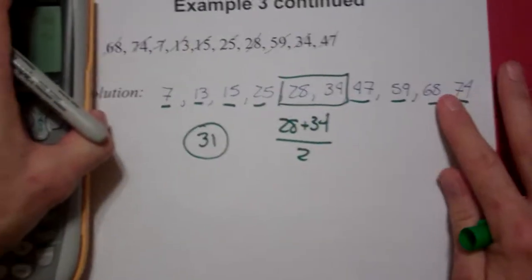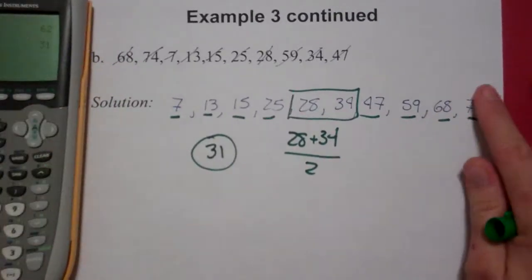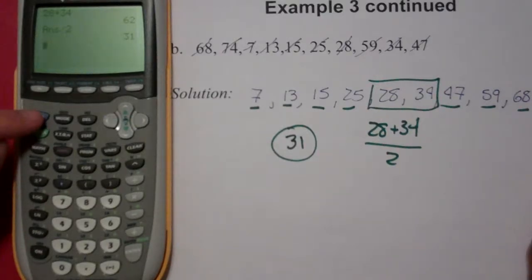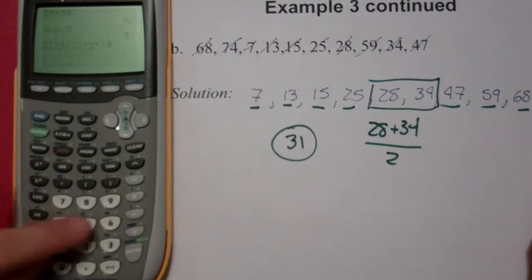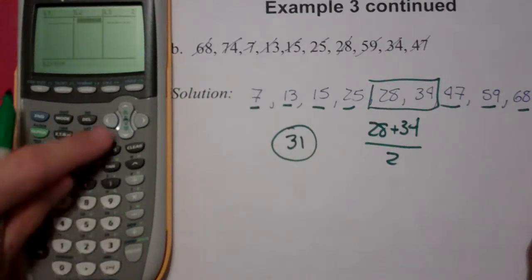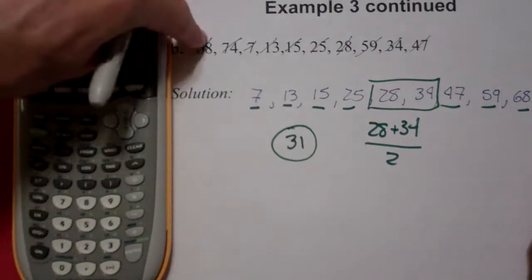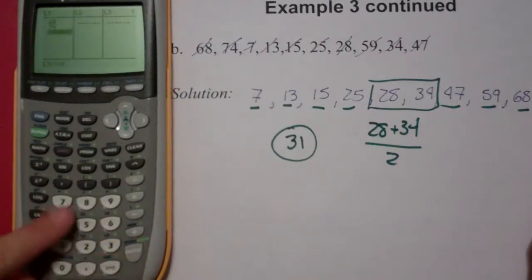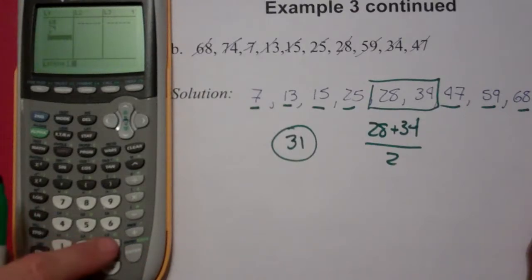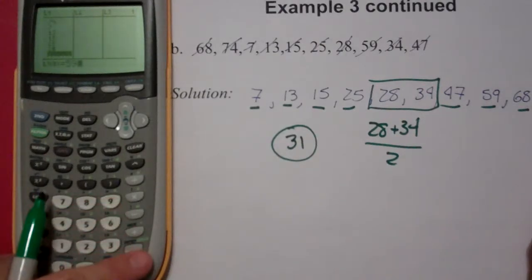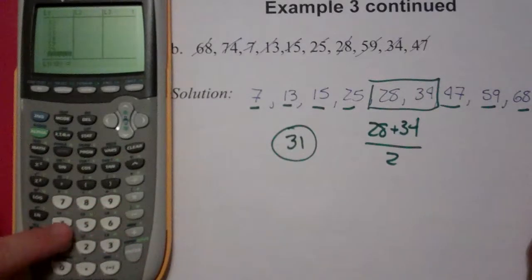Probably just as easy and maybe a little easier depending upon how long the list of data is, but if you just go second memory 4, clear all the lists, stat, enter, now I can just go ahead and put it in: 68, 74, it doesn't have to be in order, 7, 13, 15, 25, 28, 59, 34, 47.